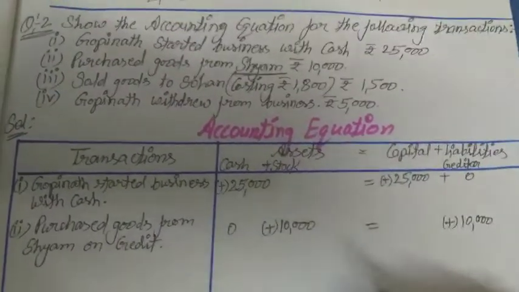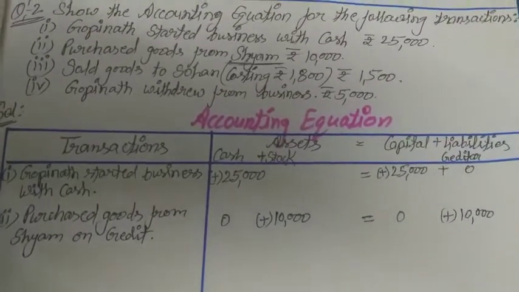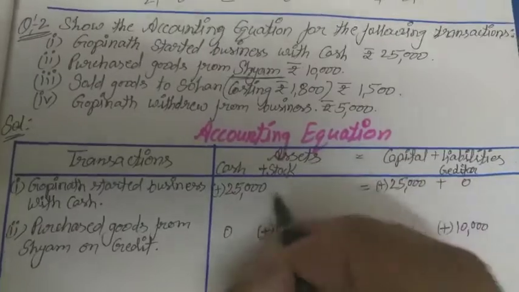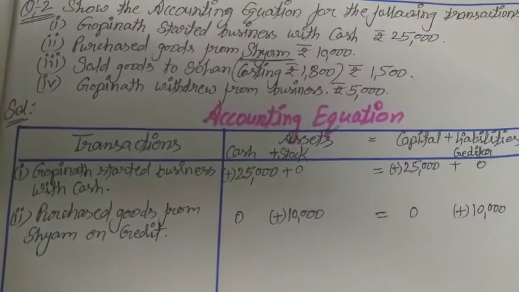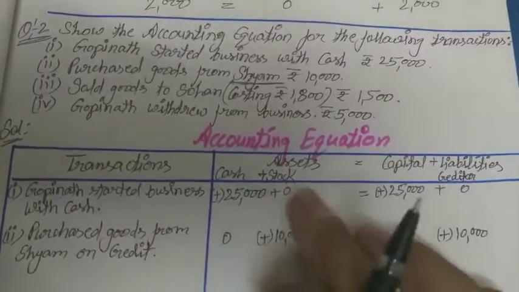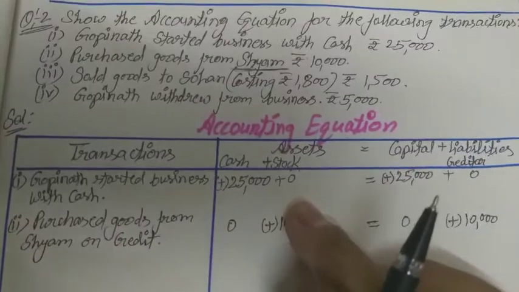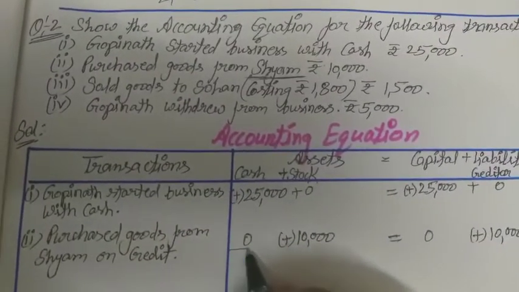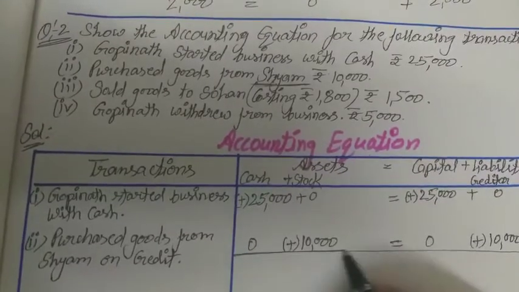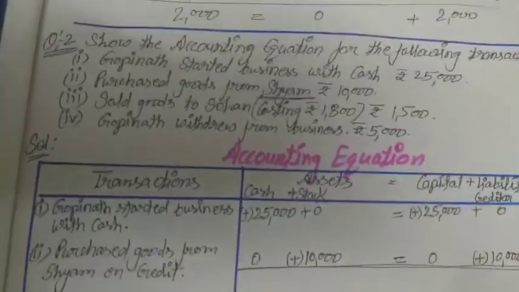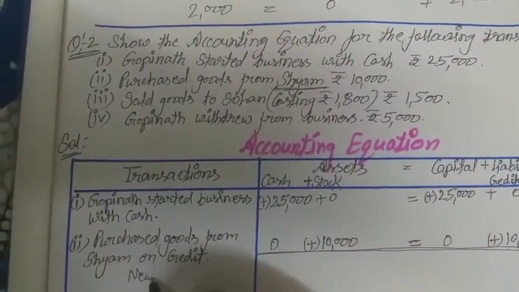Cash no effect, it will be equal to 0, and capital no effect, it will be equal to 0, and stock will be 0 at the top. Okay. If any account is left or any transaction is left, then we will make that 0. Underline this one, and then we will make a new equation.